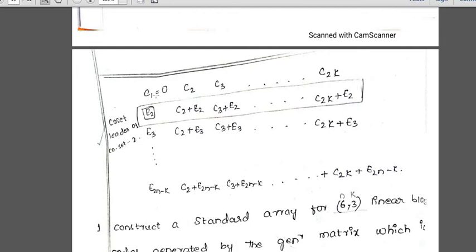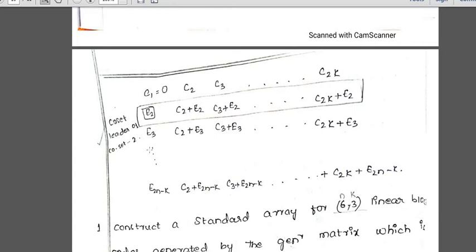First, I have taken C1, C2, C3, C4 up to C2^k. Now I have chosen this E2. This is your vector, also called the coset leader. So this has to be added with C2, giving C2 plus E2. Again, E3 should be added with C2 only.